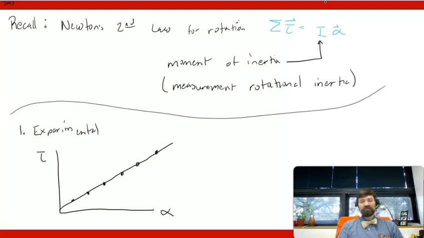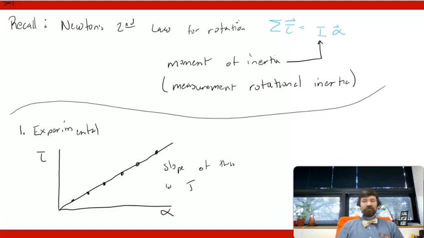The line actually should go through 0, 0. Let's draw these axes correctly. The slope of this line is the moment of inertia, I. So that's your experimental method for doing it.